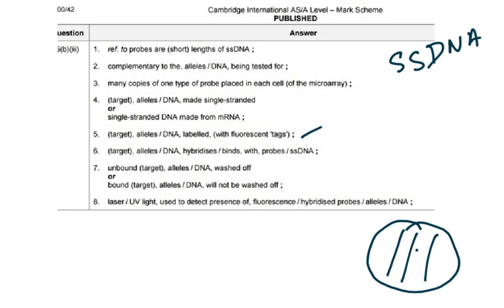Then target alleles DNA hybridizes with the probes, the ssDNA, the single-stranded DNA. Then unbound alleles or the DNA is washed off. Well, some of it might not bind because it doesn't have the complementary bases on the probes, and that would be washed off. And then we use laser or UV light to detect the presence of the fluorescence of the hybridized probes.